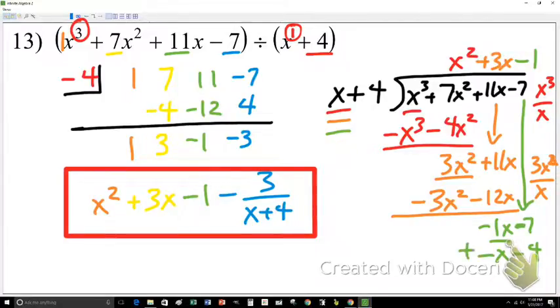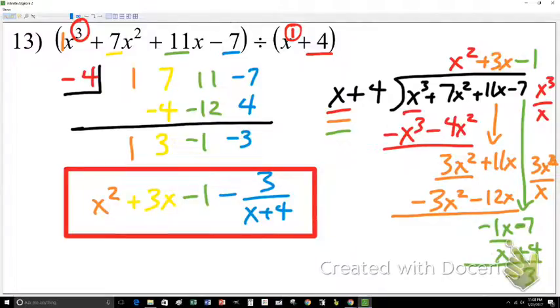Go ahead and add that result now. Positive x plus 4 after we multiply everything by a negative 1, right? And then we add those. Okay, so negative x plus x is 0, negative 7 plus 4 is a negative 3.